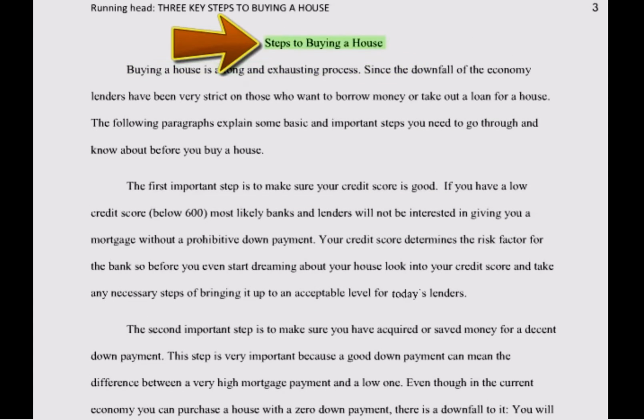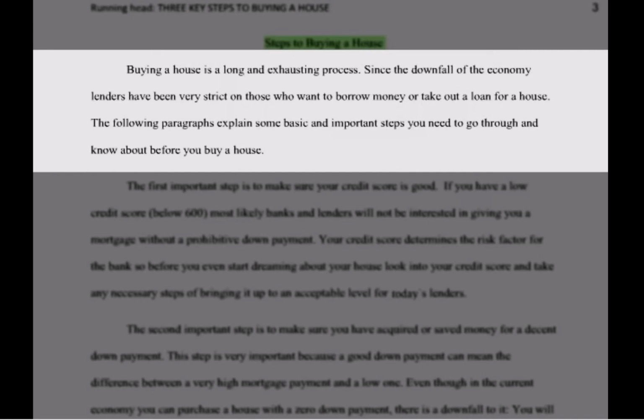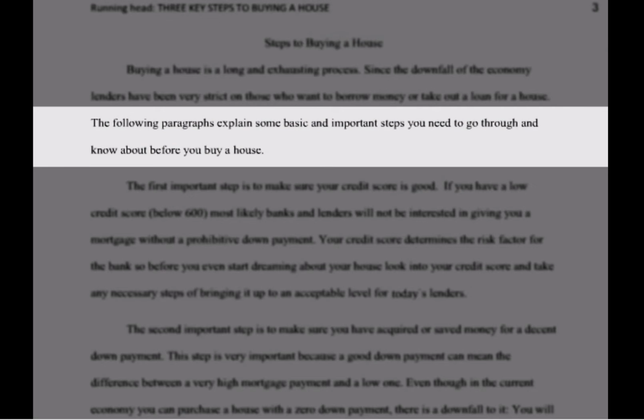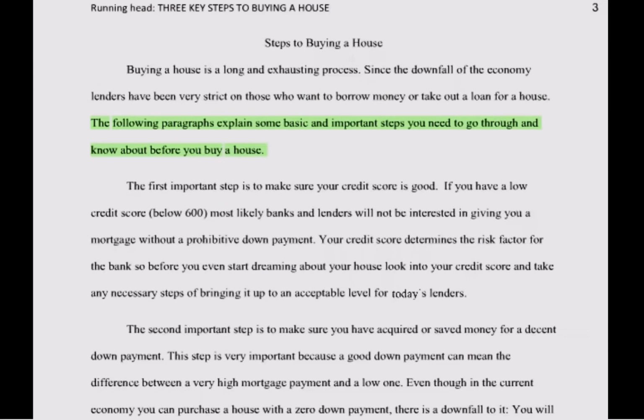Here's your title again. Then comes the introduction paragraph, 2 to 5 sentences that lead up to this thesis statement right here. The following paragraphs explain some basic and important steps you need to go through and know about before you buy a house. So clearly, this person is announcing exactly what this paper is going to be about.